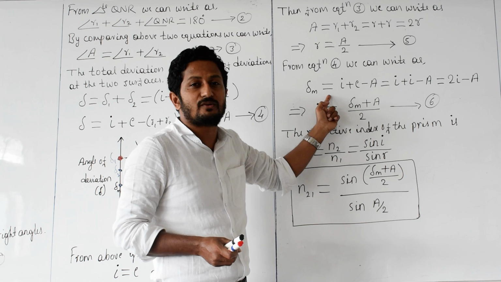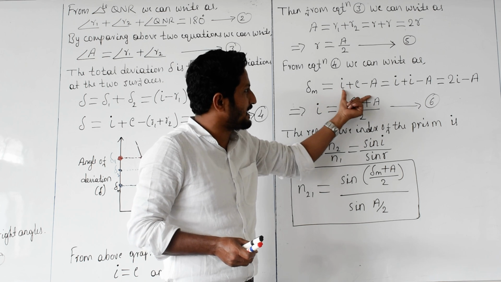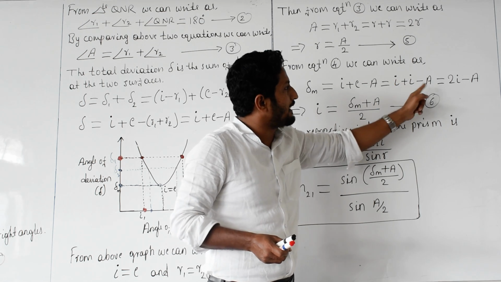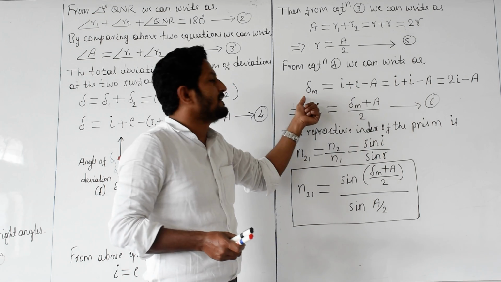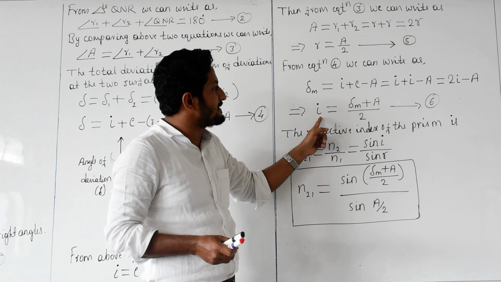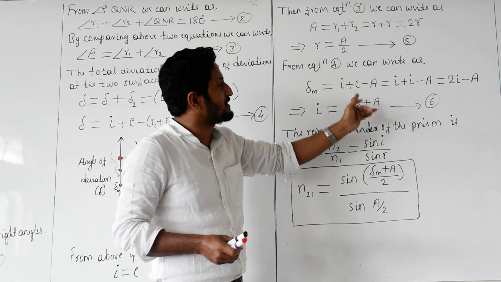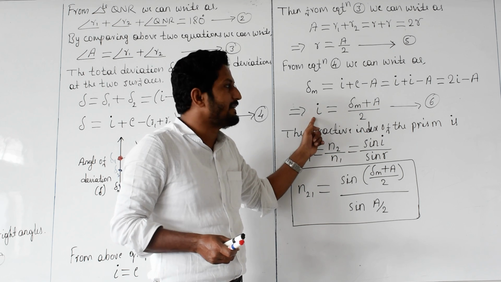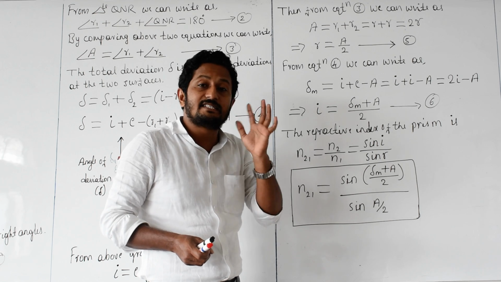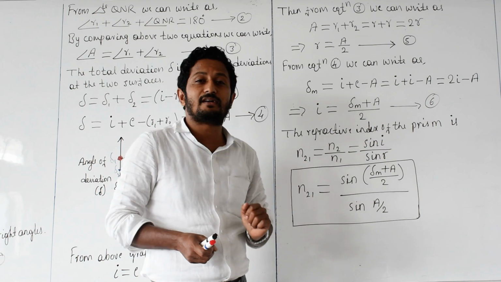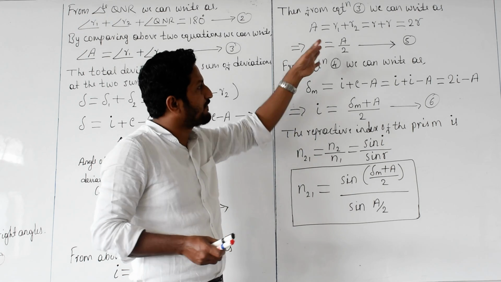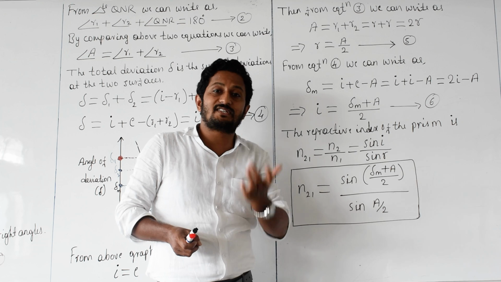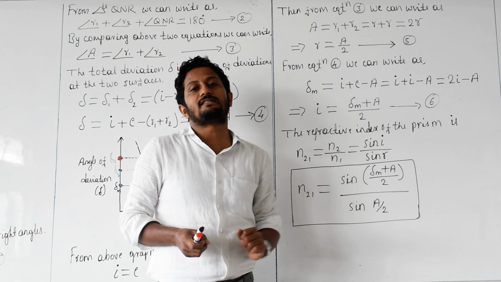Minimum deviation is equal to I plus, this is the actual equation, replace this E by I, 2I minus A. That is delta. Then I is equal to minimum deviation plus angle A divided by 2. Here I is the angle of incidence. Say it as equation number 6. Equation 5 gives the angle of refraction. Equation 6 gives the angle of incidence.